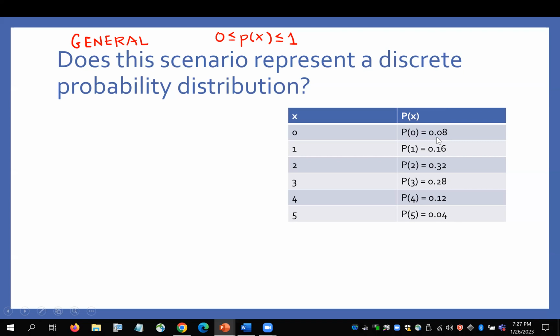I have 0.08, 0.16, 0.32, 0.28, 0.12, 0.04. All of those numbers are between 0 and 1 on the number line. None of them are negative, and none of them are over 1. So I can say check.